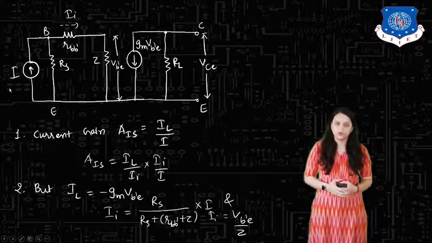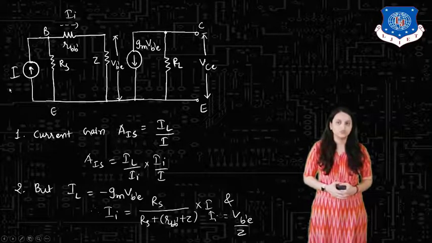So let us see the first one, that is current gain. Here we are considering the source resistance RS.